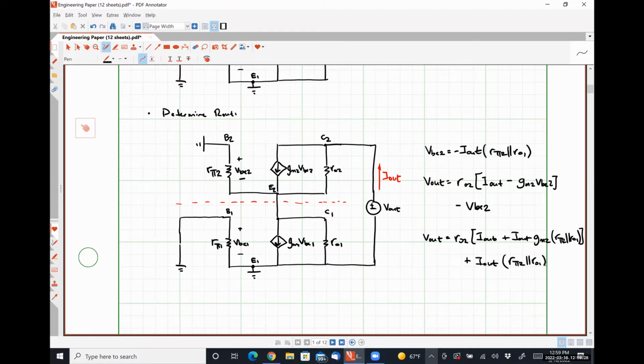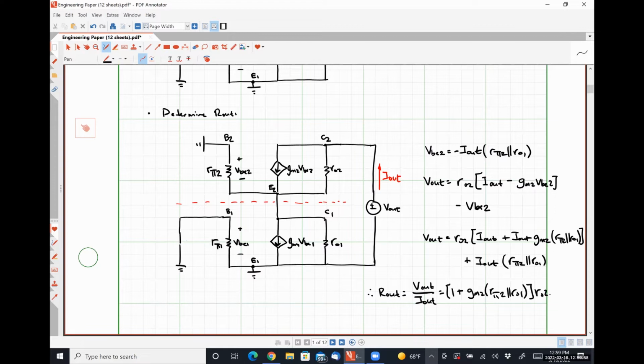And now my output resistance, I'm going to give myself a little more space over here, is simply V out over I out, which looks like 1 plus gm2 times R pi 2, excuse me, in parallel with R naught 1.